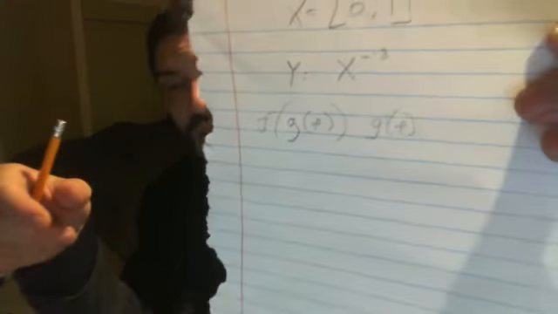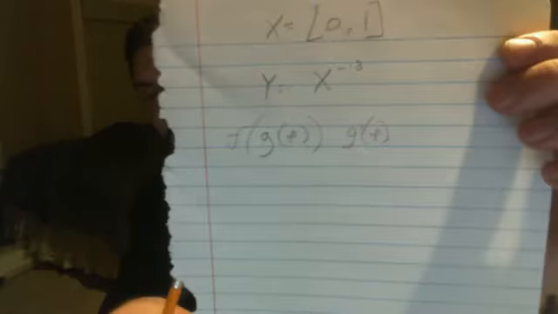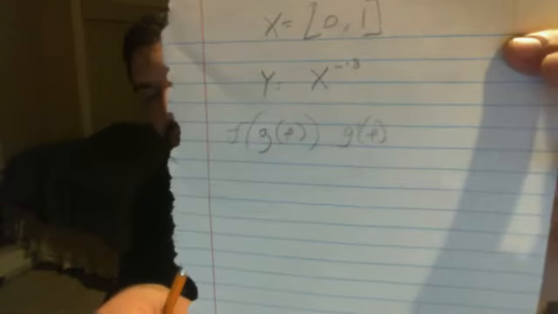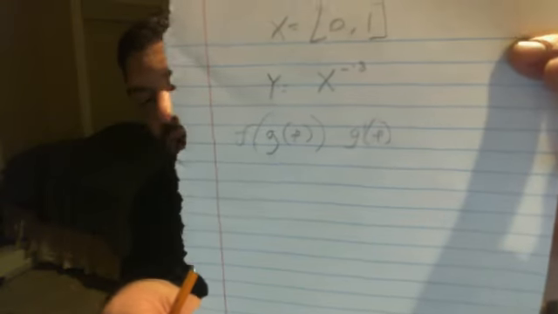It's f of g(x) times g'(x). It's good to memorize this formula. The second g'(x) is the derivative of g(x), and the first one is f of g(x).